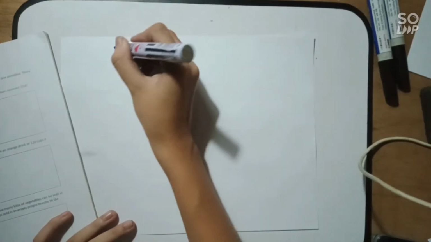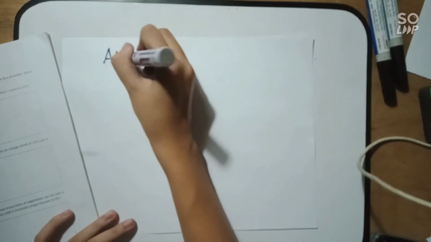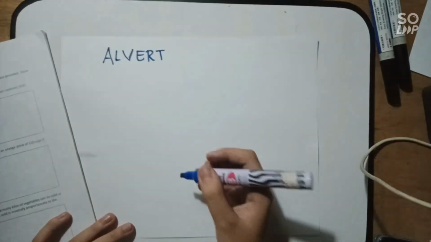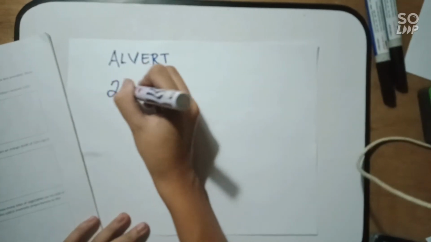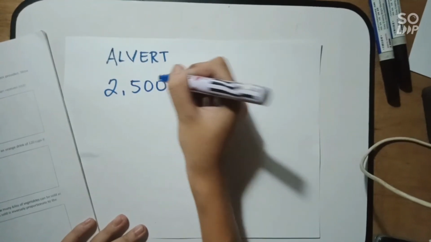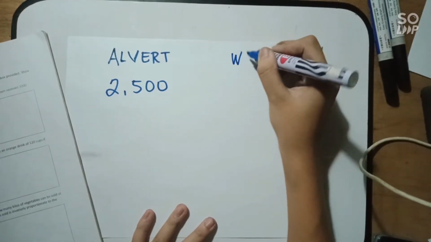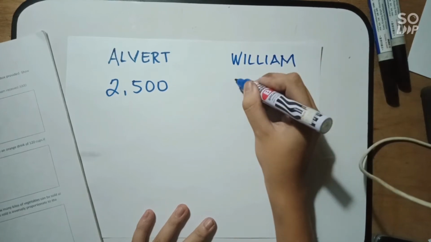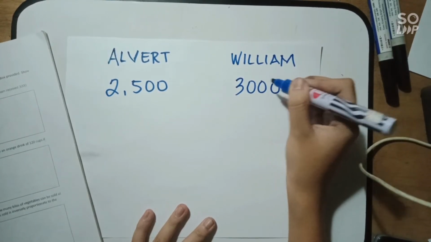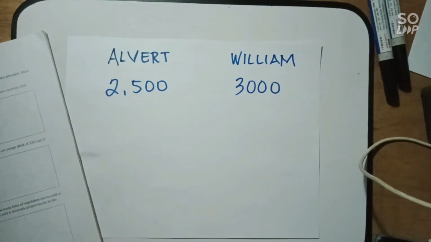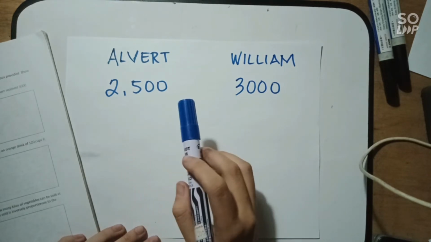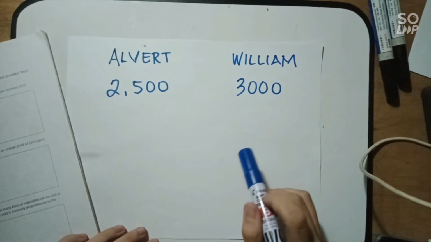In here, the given is that Albert received 2,500 votes, while William received 3,000 votes. The question is, what is the ratio of Albert's votes against William's?